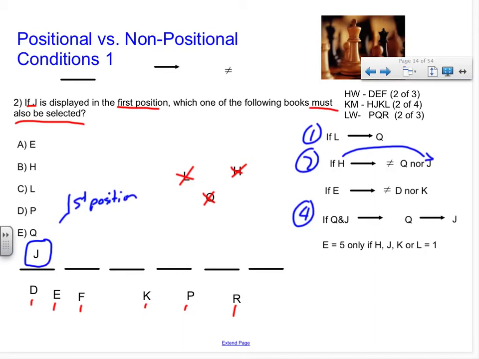One thing I notice about the third condition: if I use E, then I can't use D nor K. So what if I were to use E? Well, if I were to use E, then I wouldn't be able to use D or K. So let's pretend that I use E. Let's leave it down here.